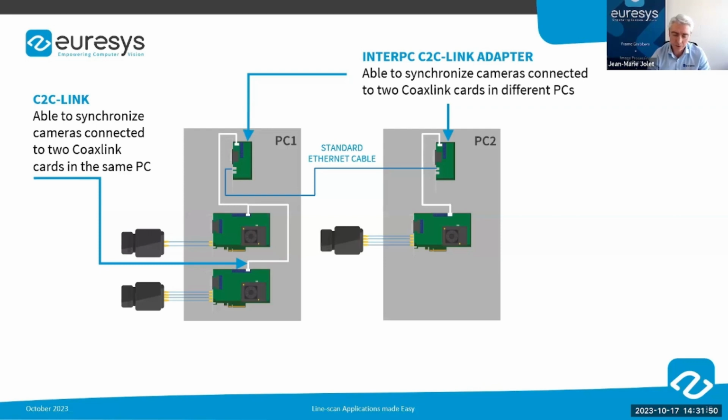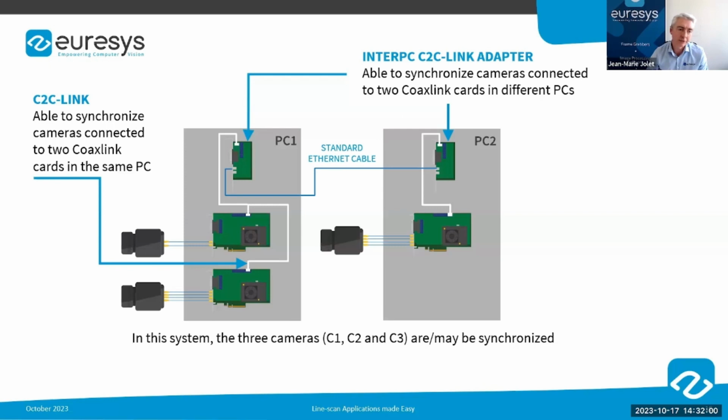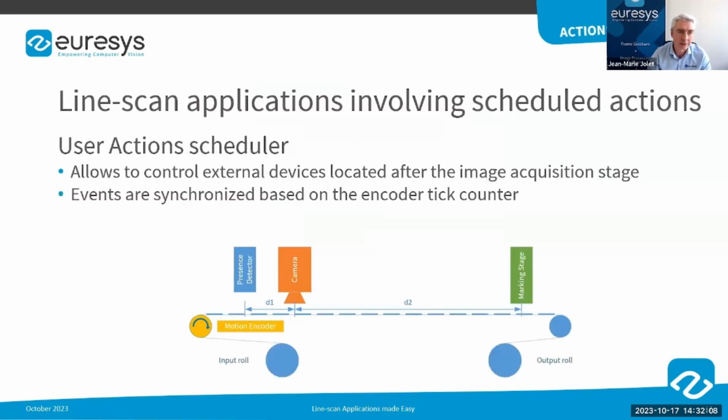In this system, we have 3 cameras. They can be synchronized, and the trigger just has to be sent to the master frame grabber. Then the master frame grabber will ensure that all the slaves receive exactly the same trigger at the same time. So this really allows the synchronization of several cameras.